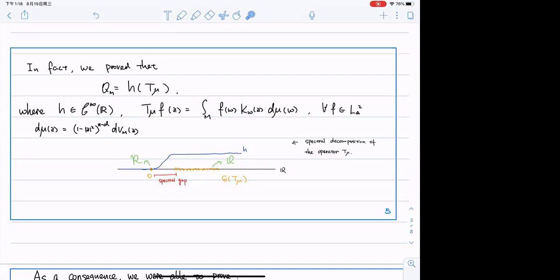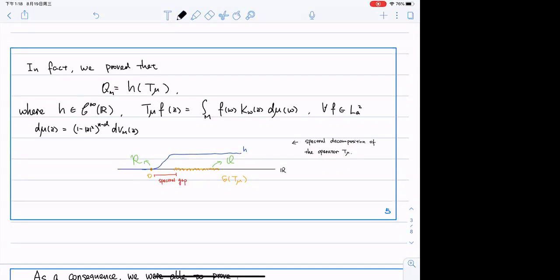What we prove is that there is a gap in the spectrum. Once you prove there is a gap, you know that the Q_M projection operator is a smooth functional calculus of the T_mu operator.